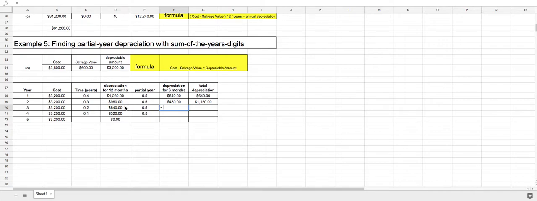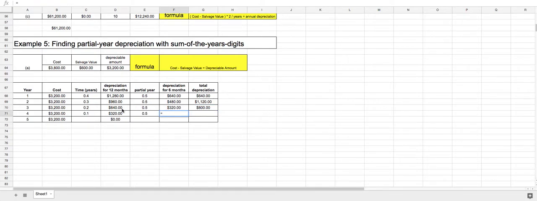Let's do the next one. 640 times 0.5 would be 320. So we're going to add 480 plus 320, and it would be $800. So this is the amount it's depreciating from that first 6 months plus this next 6 months for the following year.